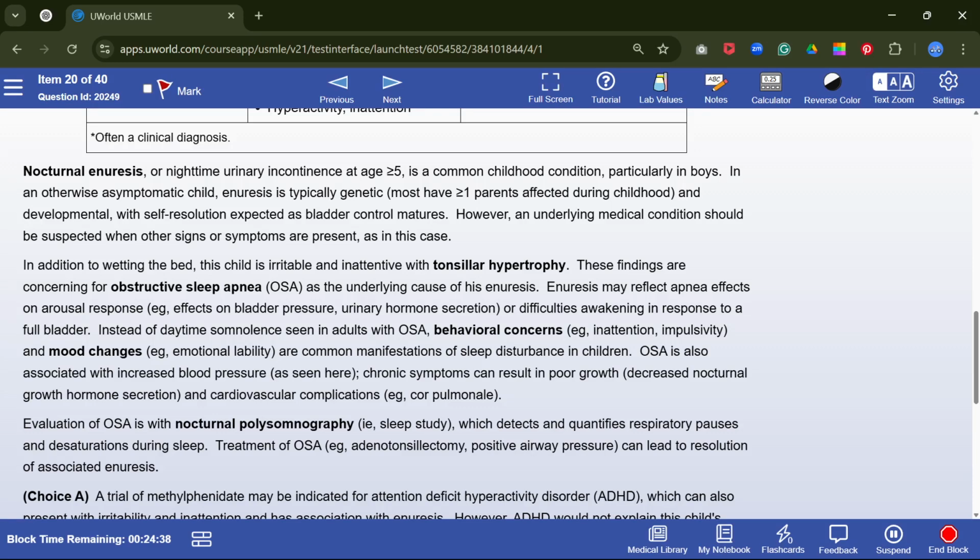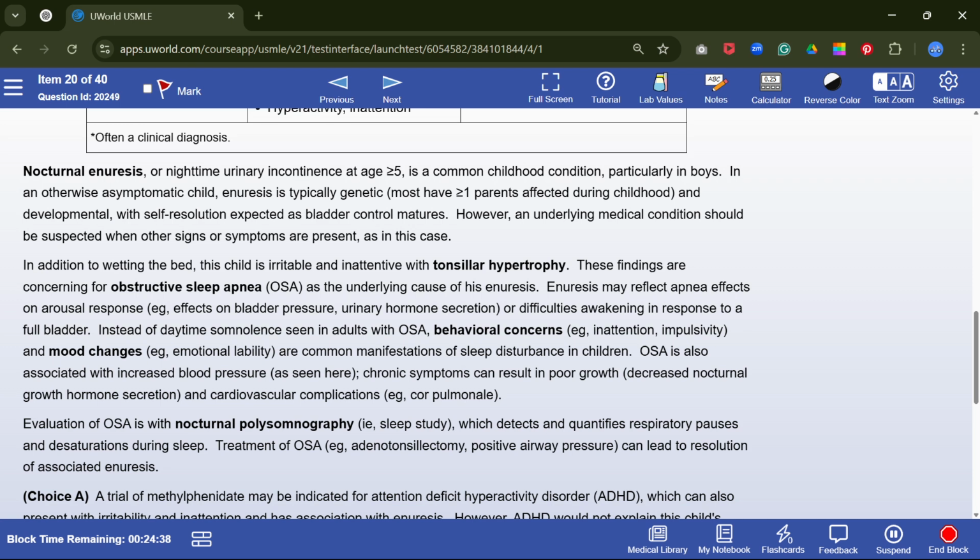In addition to wetting the bed, this child is irritable and inattentive with tonsillar hypertrophy. These findings are concerning for obstructive sleep apnea. The underlying cause of his enuresis may reflect apnea's effects on arousal response, effects on bladder pressure, urinary hormone secretion, or difficulty awakening in response to a full bladder, instead of the daytime somnolence seen in adults with OSA.